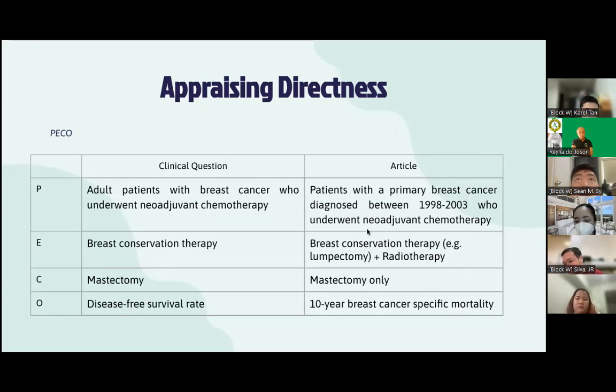Though the initial outcome that we wanted to appraise was disease-free survival, we believe that 10-year breast cancer specific mortality is also a very direct and very applicable outcome for this patient. And so we found that this article is directly applicable to our patient. So we continued the appraisal, moving on.